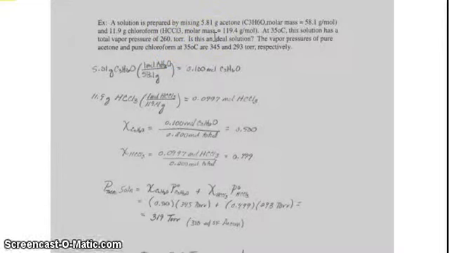So what we have to do is calculate what Raoult's law would predict and compare it to what is experimentally seen. If it matches, it's ideal. If it is greater, then there is a positive deviation. If it's less than, there's a negative deviation, and then it's a non-ideal situation.